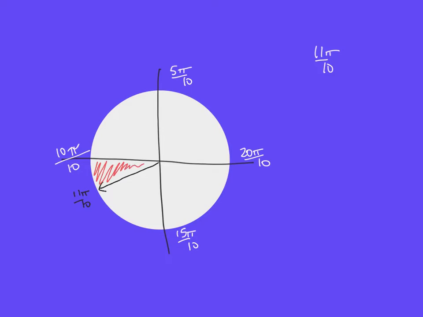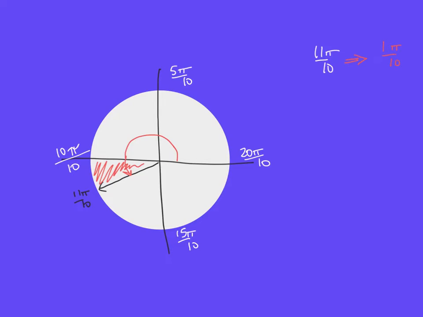Because reference angles have to be positive, they have to be acute, and they have to be made with the x-axis. Hopefully this one's not too hard to see. If I go from here to here, this is 10 pi over 10. If I keep going, that's 11 pi over 10, which makes this reference angle 1 pi over 10.